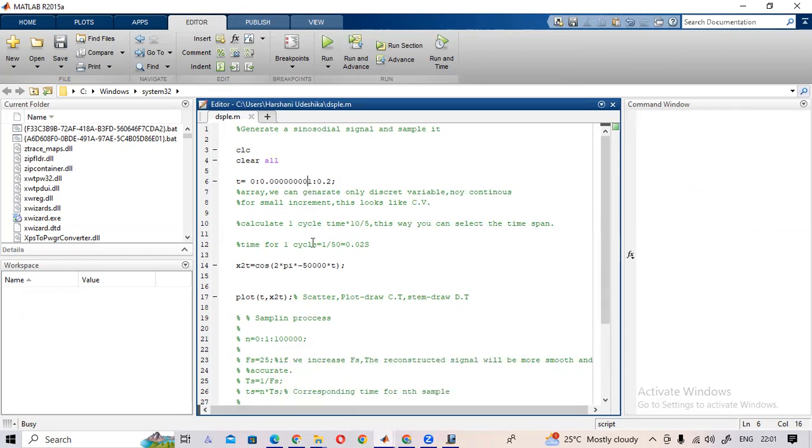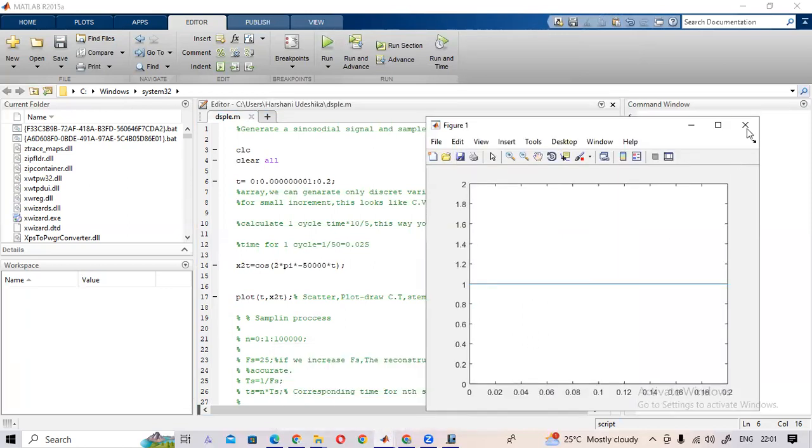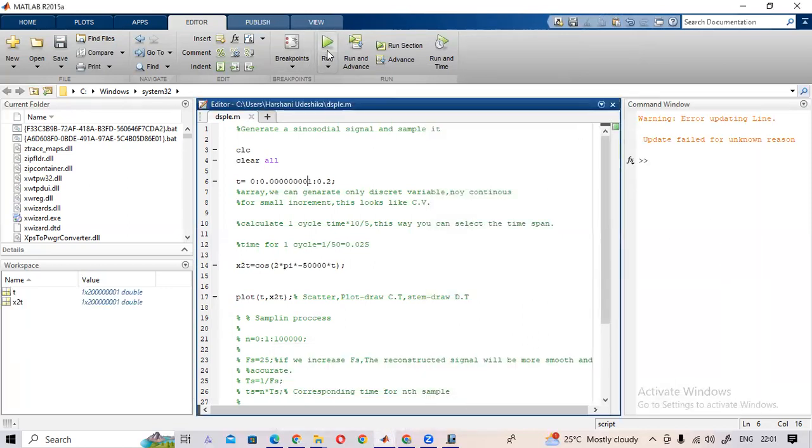Now you can see what I want to show you: you can use values from any minus value to any plus value, and it will plot the signal. Maybe these values are not supported by MATLAB, so I will reduce this up to some value.